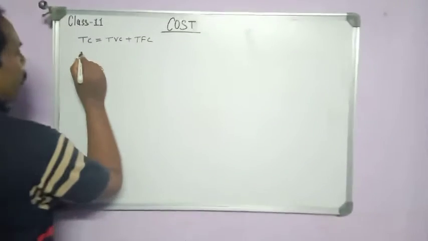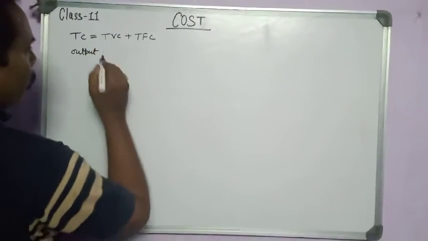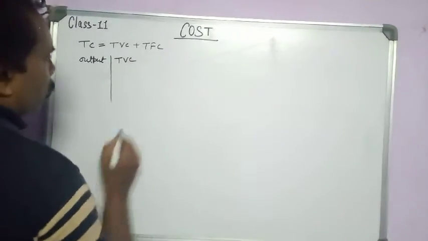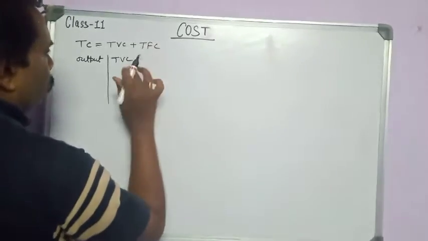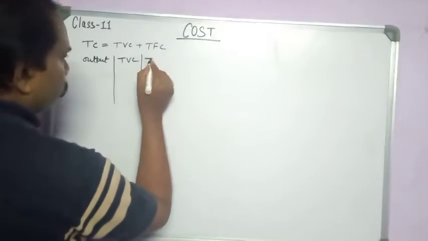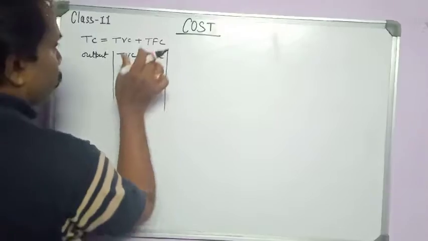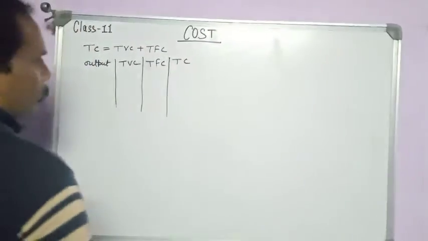So here I have taken output, clear. In the second column I have taken total variable cost, and here I have taken the total fixed cost. And the summation of both will become the total cost. Clear?